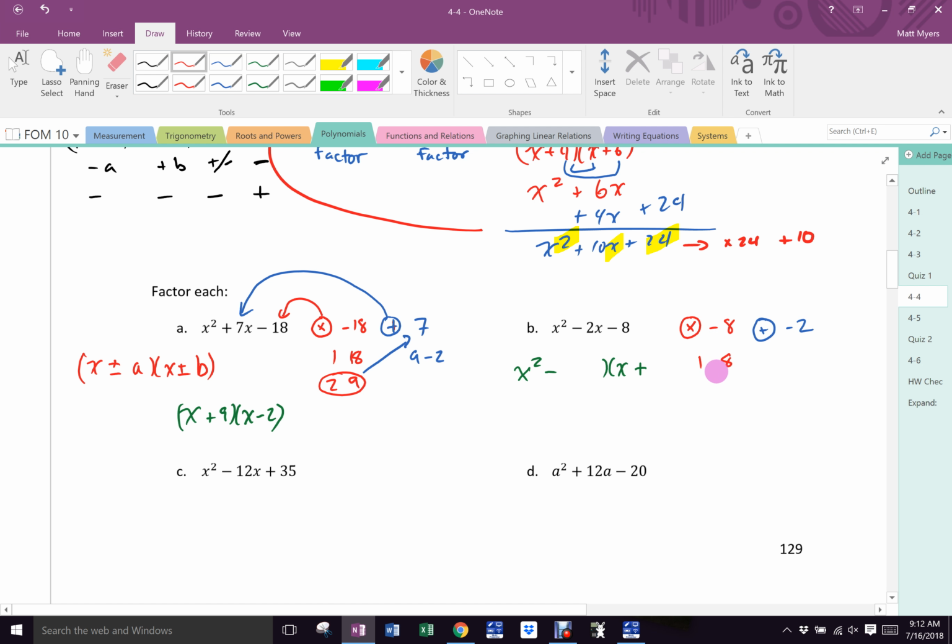What's D? Multiply to what? Add to what? Multiply to negative 20 and add to 12. What is it? Okay, so the guess is 10 and 2. How will 10 and 2 get me to 12?